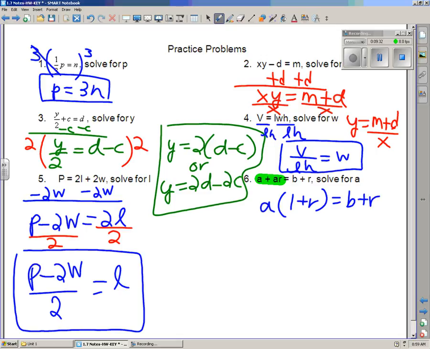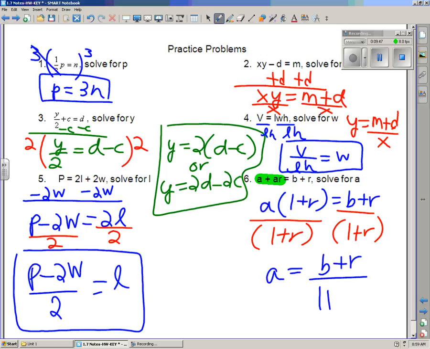And then what happens is a is being multiplied by that quantity, so you have to divide by that exact quantity. And then your final answer looks like a equals b plus r divided by 1 plus r. That's a tricky one. The factoring, I'm not so worried about if you don't get that right now. We will do some more of that later. 1 through 5 should not be a problem.